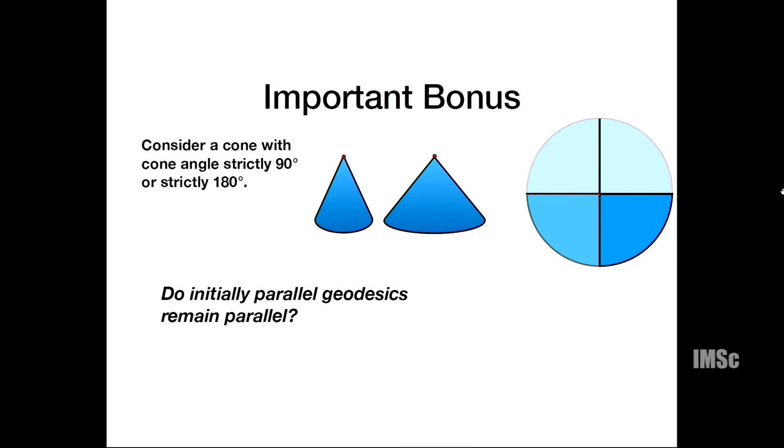If you imagine your geodesics as two ants walking, they begin at unit speed together, and they keep walking, they'll always remain equidistant. And in this n-sheeted covering, they'll always remain equidistant. So in some sense, this 90-degree cone is very special that way. The initially parallel geodesics will remain parallel.